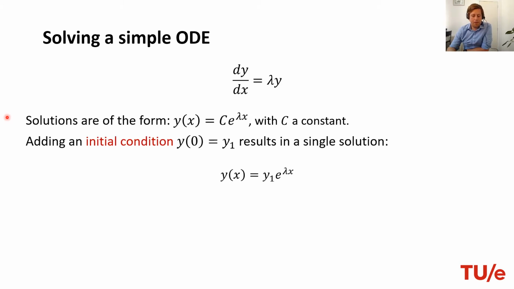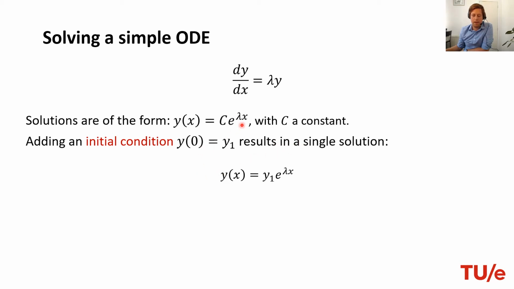Now, if we supply, in addition to the differential equation itself, an initial condition, so for example, we say that y, whenever x is 0, has this prescribed value y subscript 1, well, then we can simply plug that into this original form of the solution, and we can see that this results in a single solution.